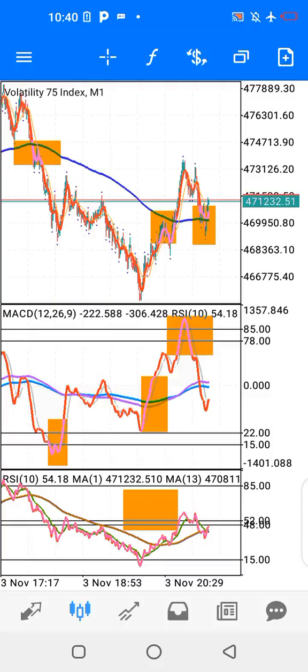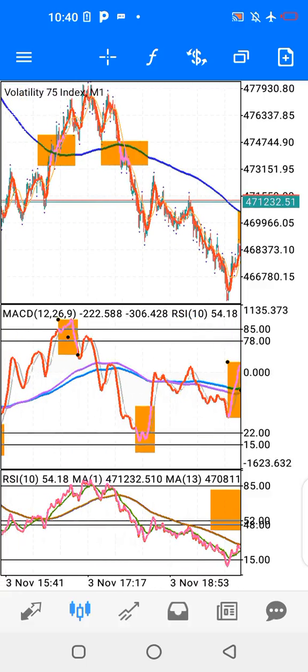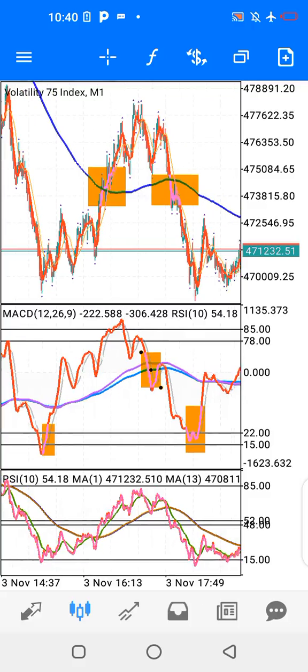So like I explained earlier, allow crossing. The red crosses the blue and the purple lines for you to buy. If it crosses up, you buy. If it crosses down, you sell. Okay, not just that.